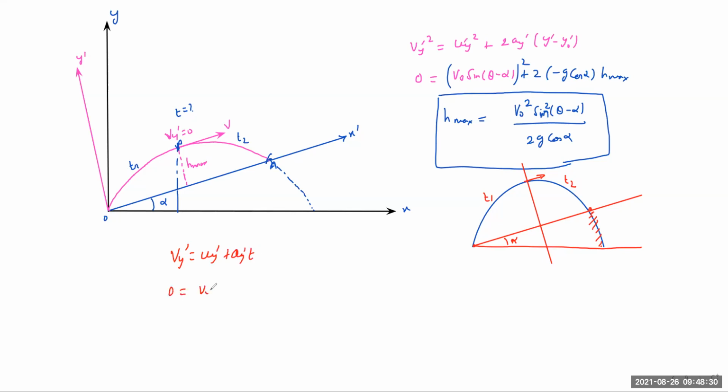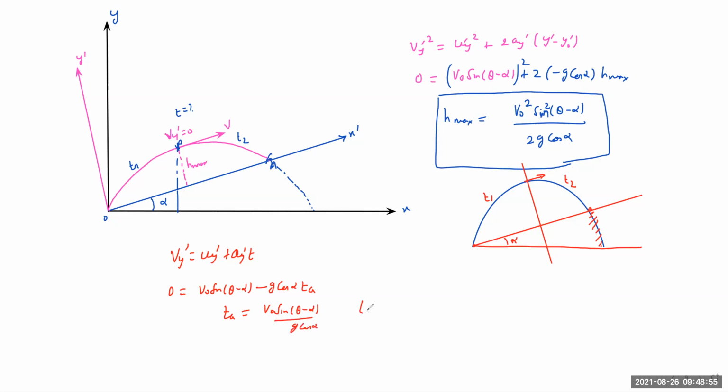So this is v naught sine theta minus alpha, and ay dash is how much? So minus g cos alpha t1. So the time of ascent we got is v naught sine theta minus alpha upon g cos alpha.